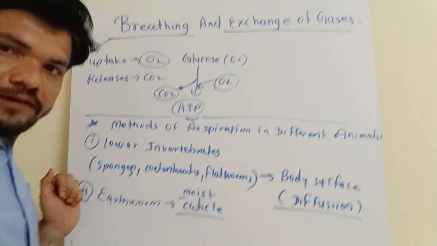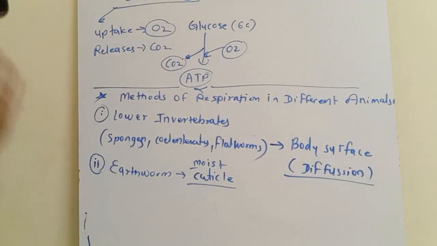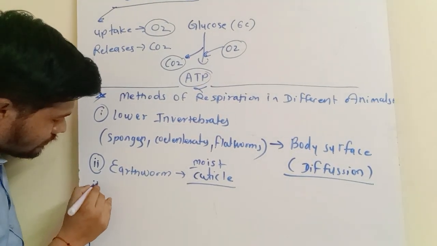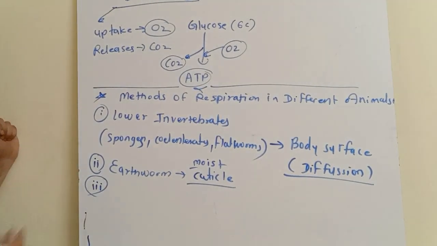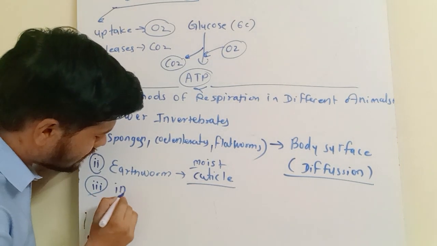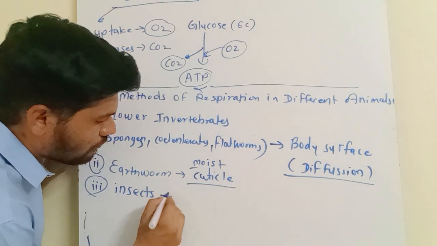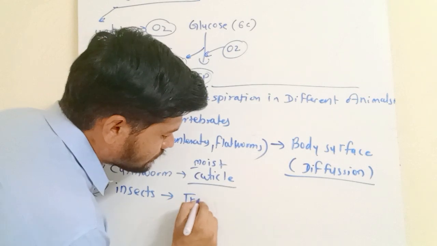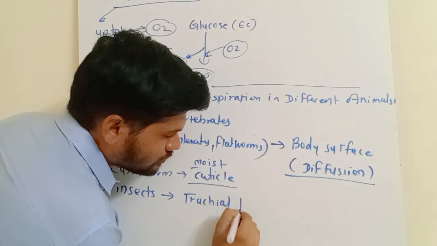Okay. Then let's go to more complex organisms like insects. Insects have tracheal tubes for respiration.